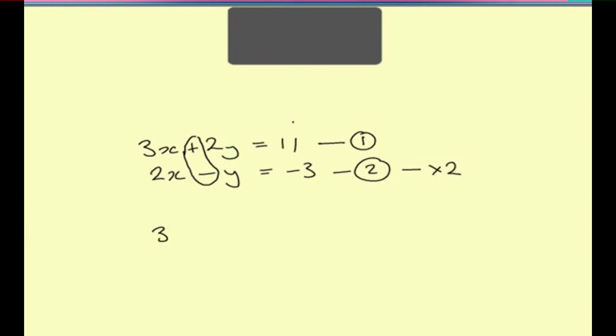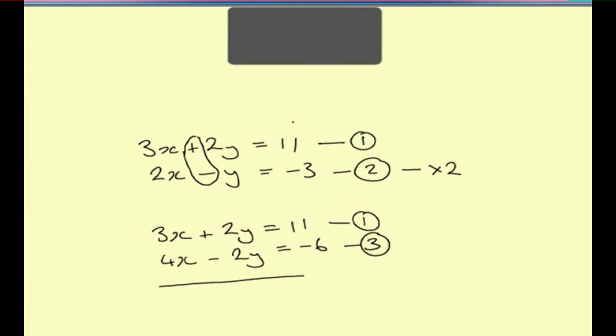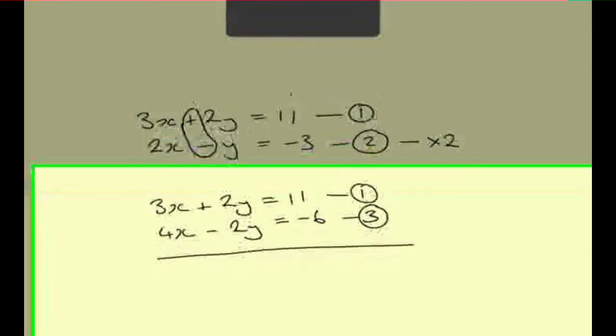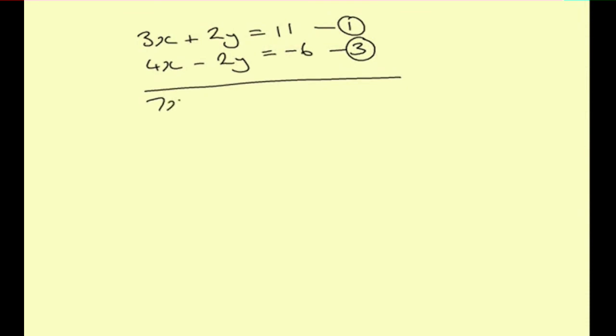So we get 3x plus 2y equals 11 on the top, and 4x minus 2y equals minus 6 on the bottom. So we've got a brand new equation. So if we add the two equations together, we get 7x equals 5.